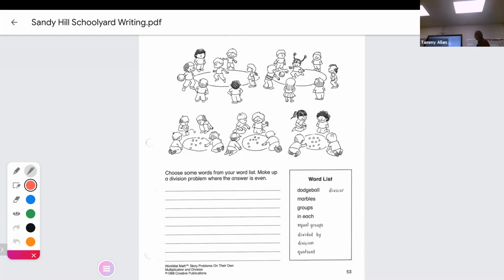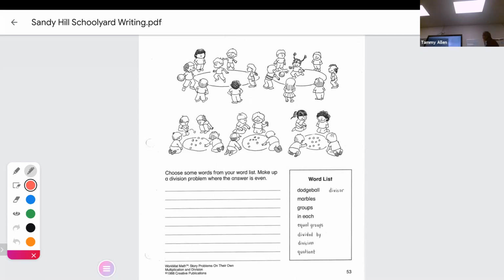There's 7. Not that, we do multiplication. We're doing division where the answer's even. Pass? Okay. Eduardo. We could do everybody that's around the 2 trampolines.